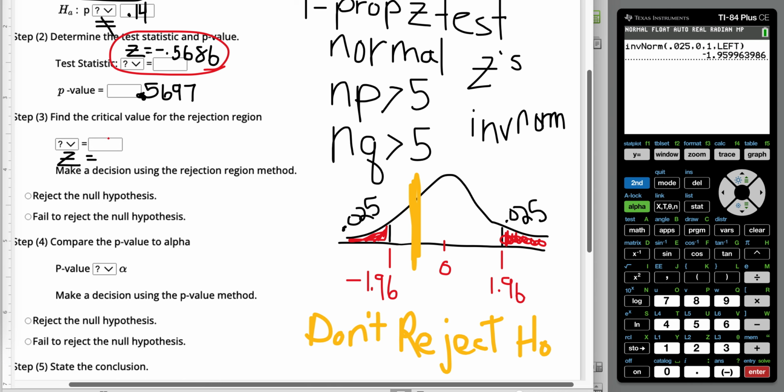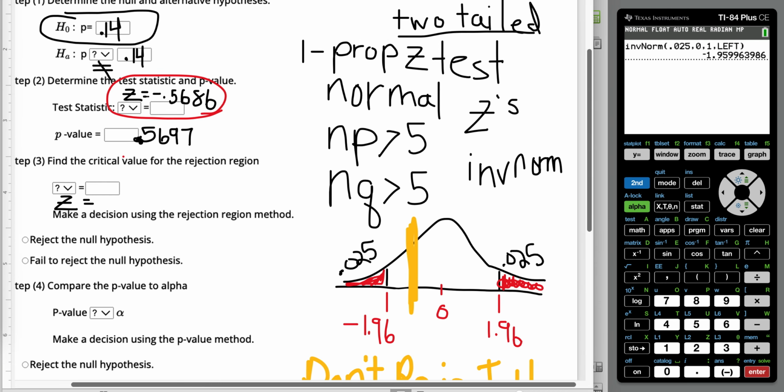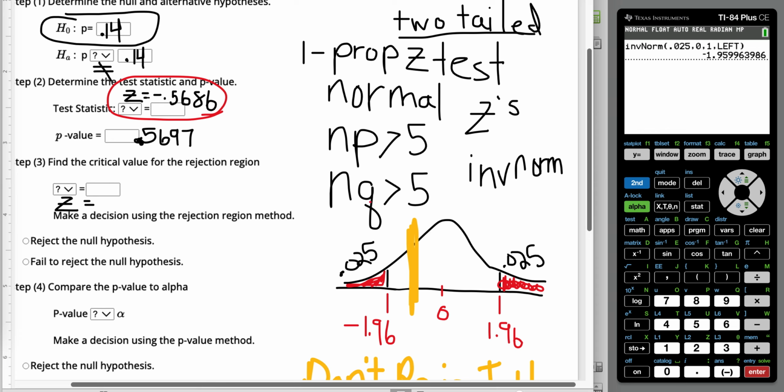Now, when we put in our critical value here, because it's two-tailed, we have to specifically look at which tail we're looking at. Until we see what that test statistic is, we don't know which side we're going to be looking at. This test statistic is telling us we're looking at the negative side or the left tail. So we're looking on this side of the graph, which means when I put in my critical value, I'm going to put it in as negative 1.96.